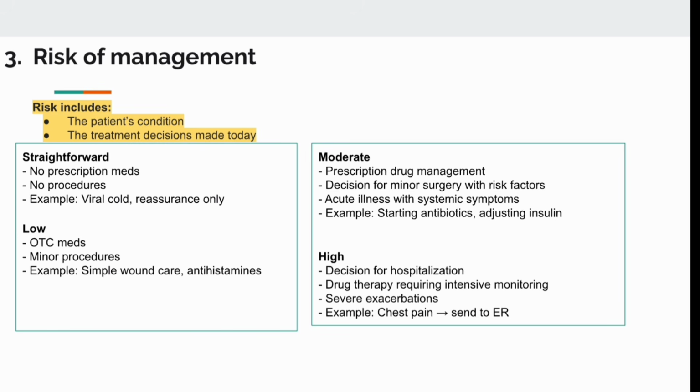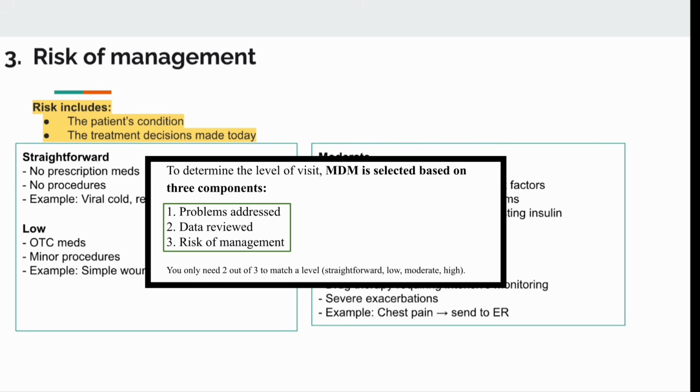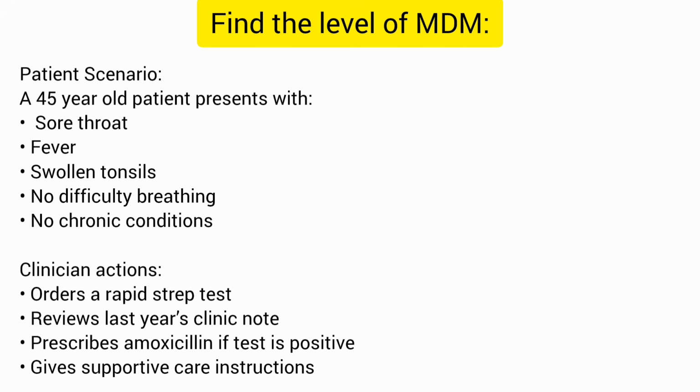So, putting it all together, to determine the MDM level we have to look at the problems, data, and risk, these 3 elements. And whichever level appears in at least 2 categories, that is your final MDM. Now, let us look at an example.